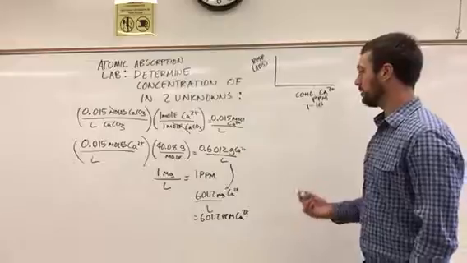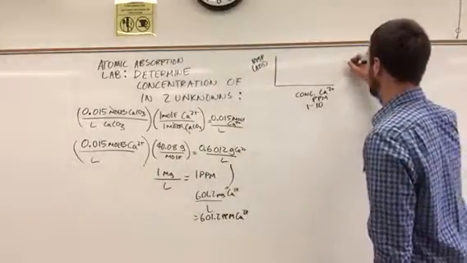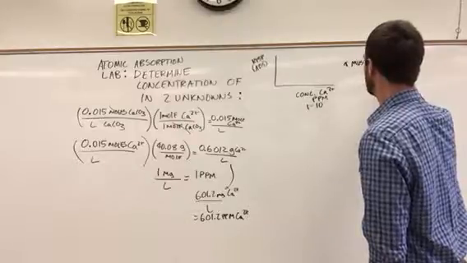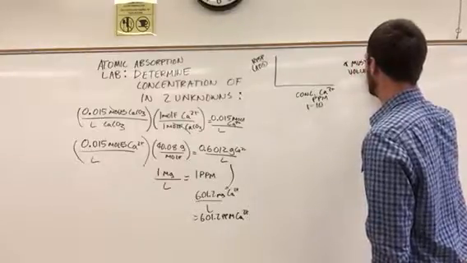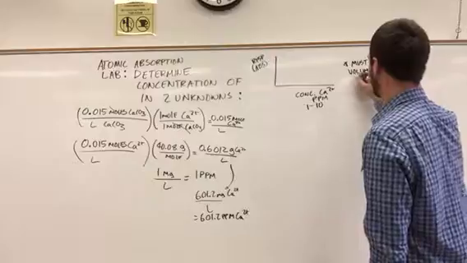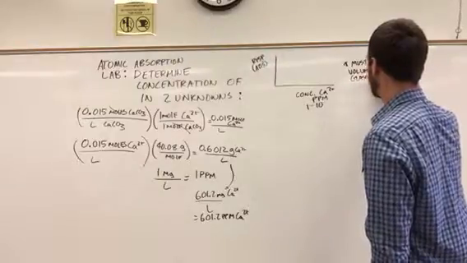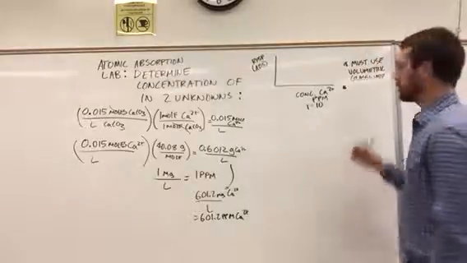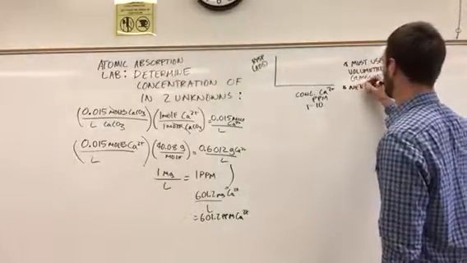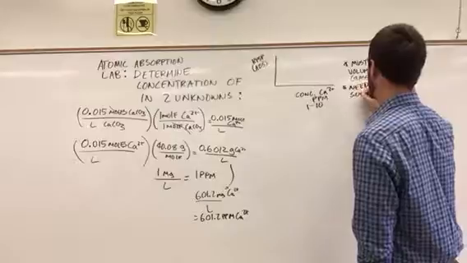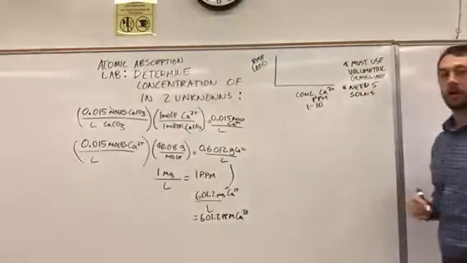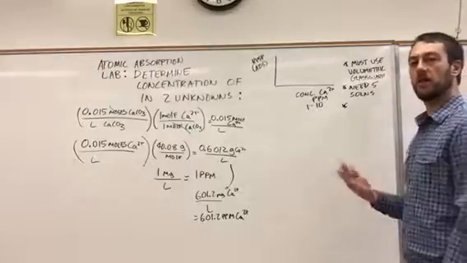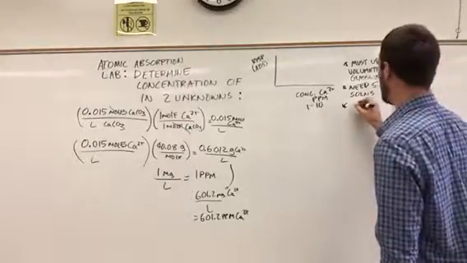The important things you need to know are that you must use volumetric glassware, that you need 5 solutions, and that the solutions should be relatively evenly spaced between 1 and 10.